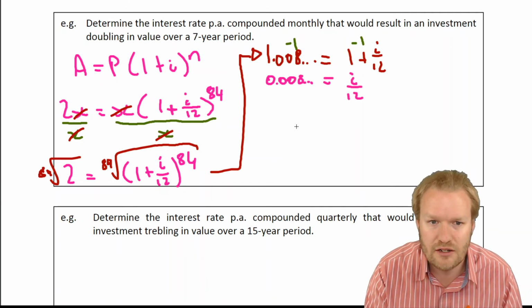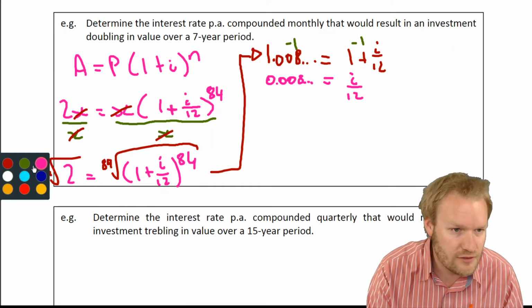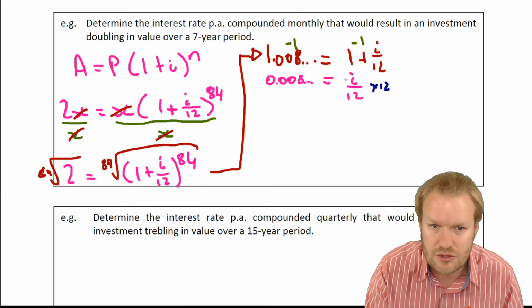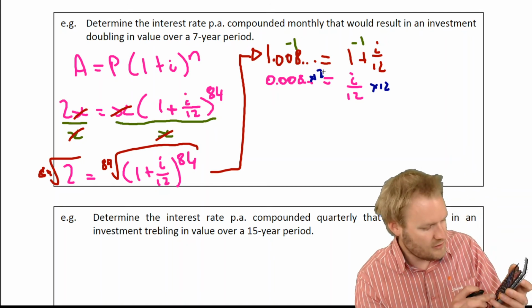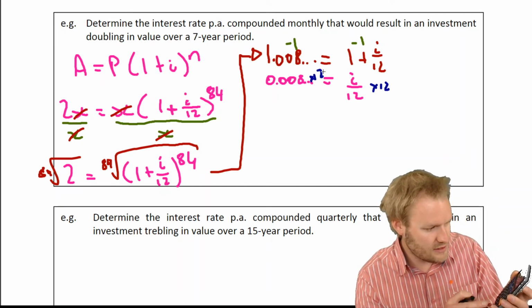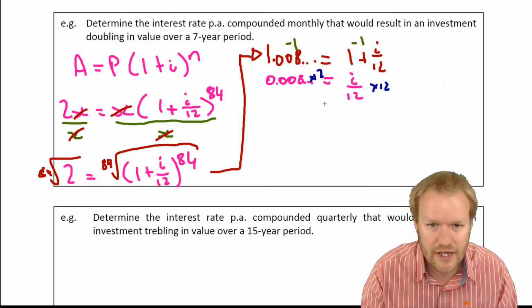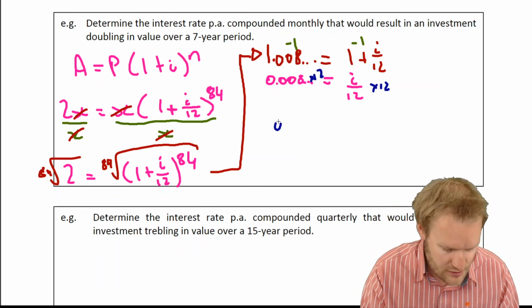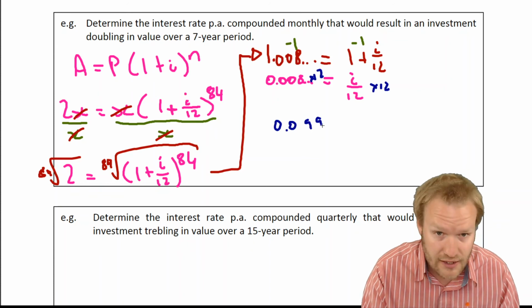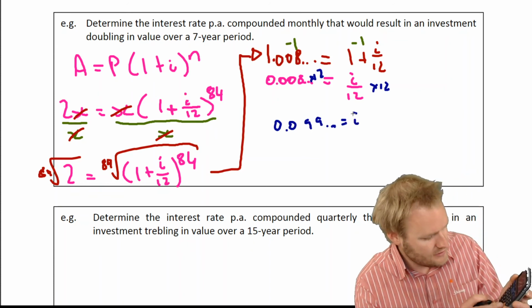equals i over 12. Times both sides by 12. Let's show that. Times 12, times 12 minus 1. I'm still on that stage. Times 12. Okay, so 0.099 something equals i.